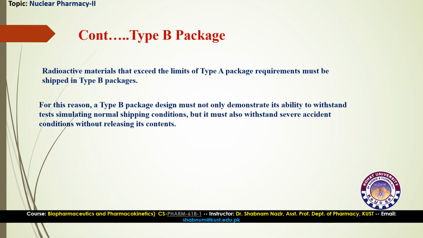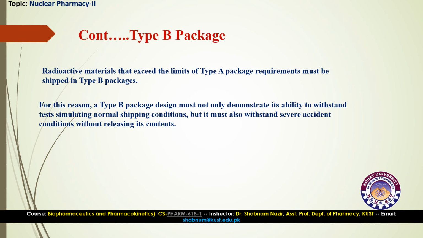For this reason, the package which is being used for these radioactive substances should not only demonstrate its ability to withstand tests which simulate normal shipping conditions, but it should also withstand severe accidental conditions without releasing its contents.